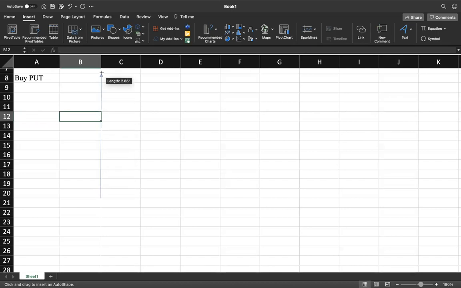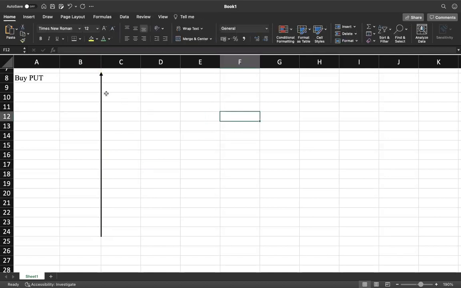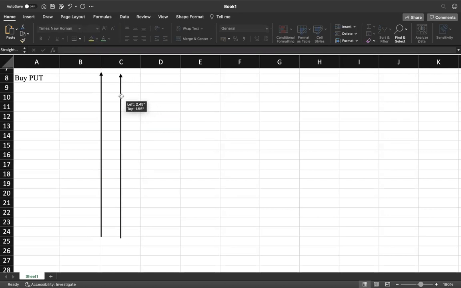This is the y-axis of this graph, which shows our profit in the option.